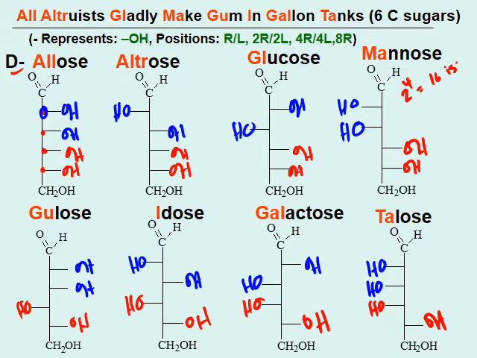Out of 16 isomers, 8 would be D and the other 8 would be L. We wrote down all the D's. Remember, D isomers have the OH on the lowest chirality center, which is closest to CH2OH, on the right. That's why it's D. Their mirror image is going to be L. So keep that in mind.